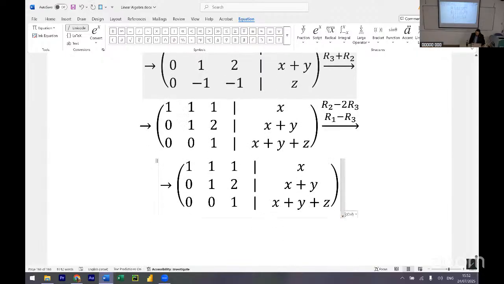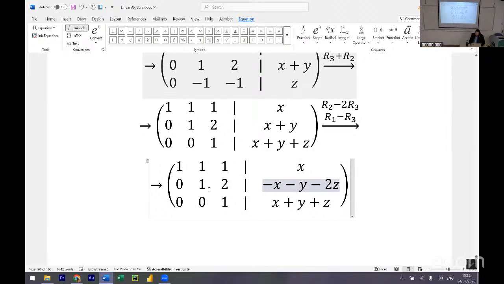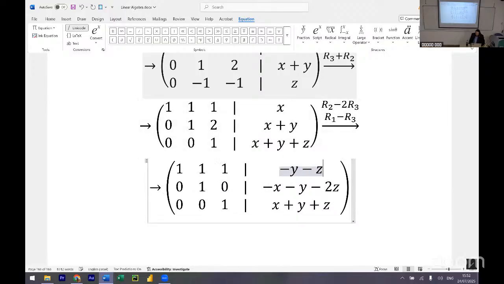This minus 2 times x, it's minus x minus 2 minus y, sorry, minus 2z. And here is 0. This minus this is minus y minus z. This is 0.